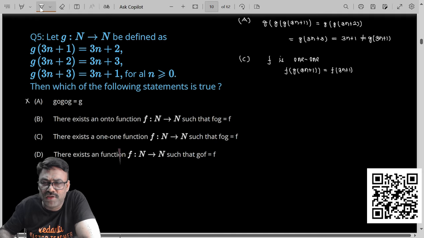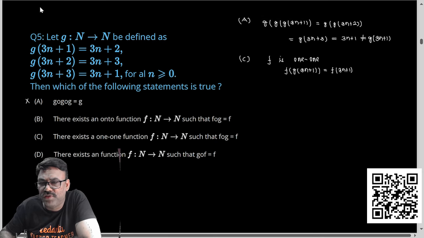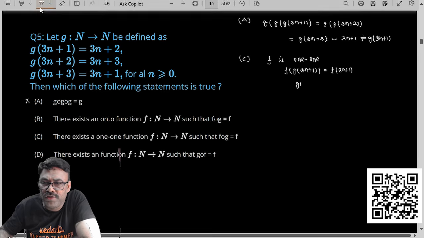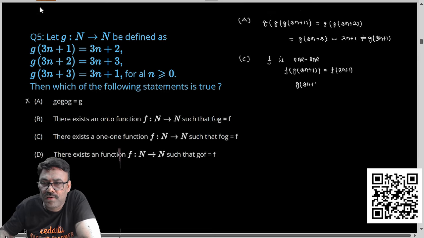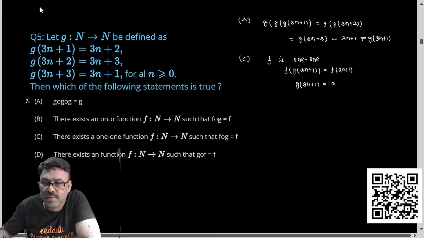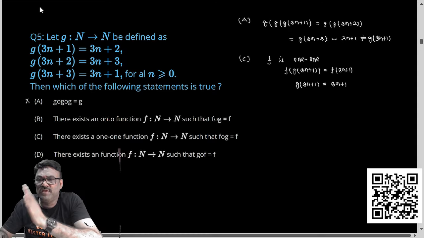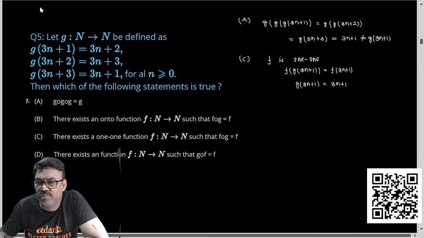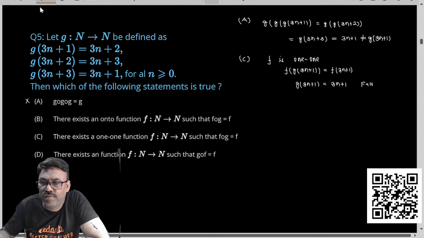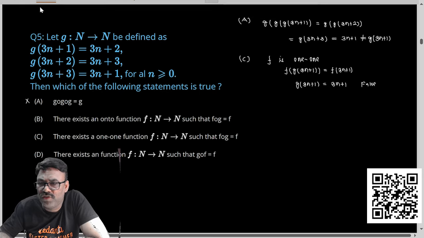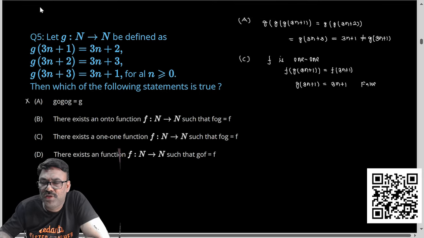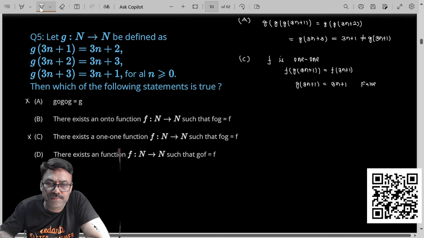Actually, they are saying that f of g is f. Now, since the function is one-one, so I can write g of 3n plus 1 is 3n plus 1. Because if function is one-one, f of x1 equal to f of x2 implies x1 is equal to x2. So g of 3n plus 1 is 3n plus 1, which is false. It is false because g of 3n plus 1 is not 3n plus 1. It is 3n plus 2 actually. So option C is also false.